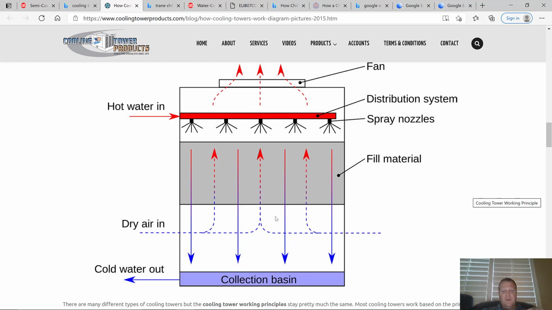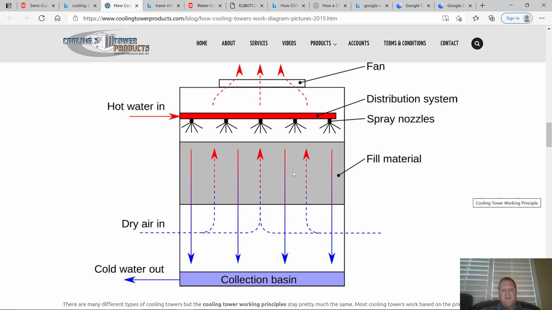And so air is going across this large surface area of water, and the air is going to make some of the water start to evaporate. And the evaporation is another phase change, is it not? Liquid to gas, or liquid to vapor.